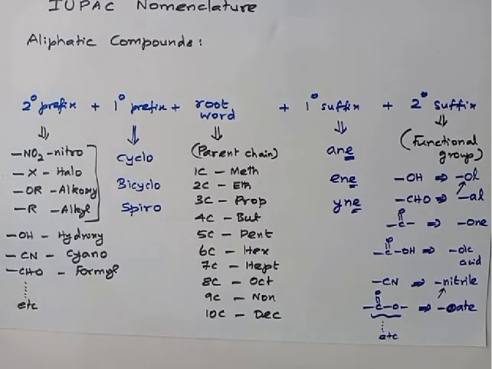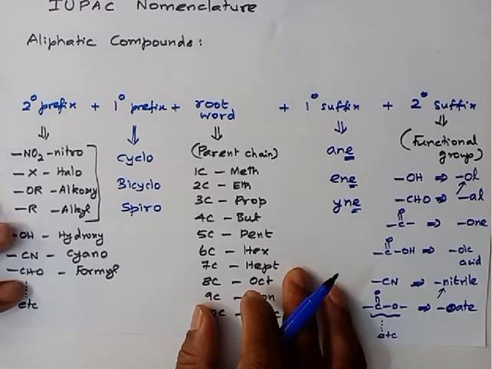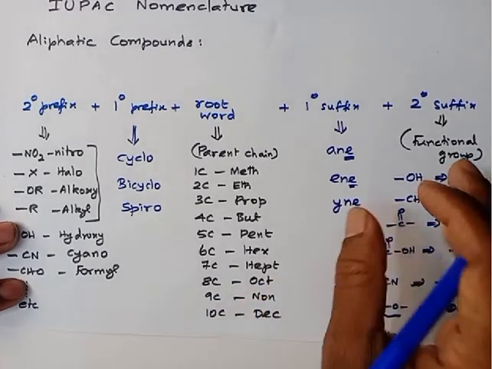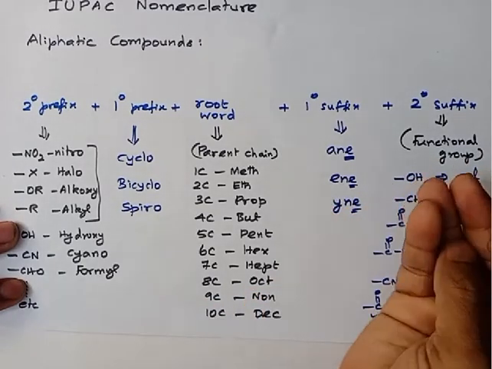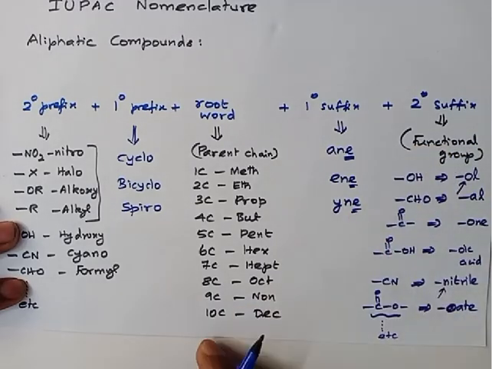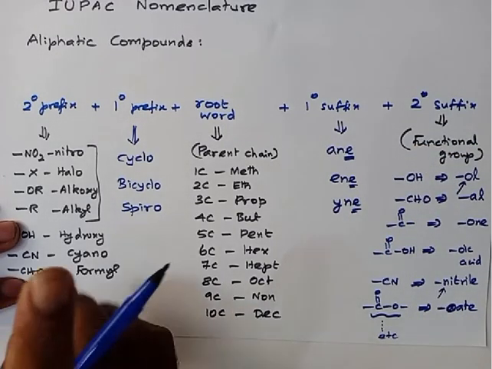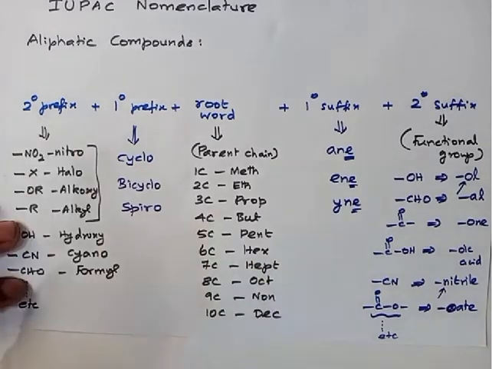Now, another piece of information I would like to give here. If the given organic compound contains two or more different functional groups, then you have to fix one functional group as the functional group, and you should treat the remaining functional groups as substituents.